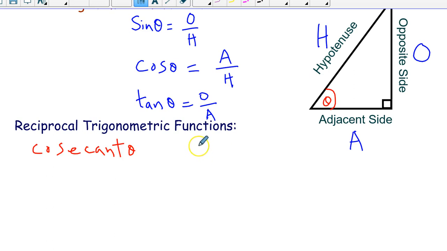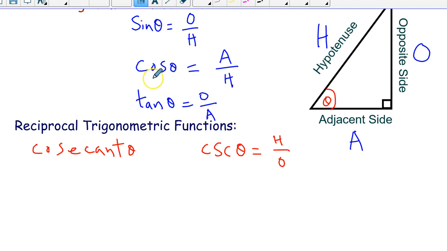In short, we write it as CSC, but read it as cosecant theta. That is the reciprocal of the sine. So we write H over O, that is the hypotenuse over opposite side.